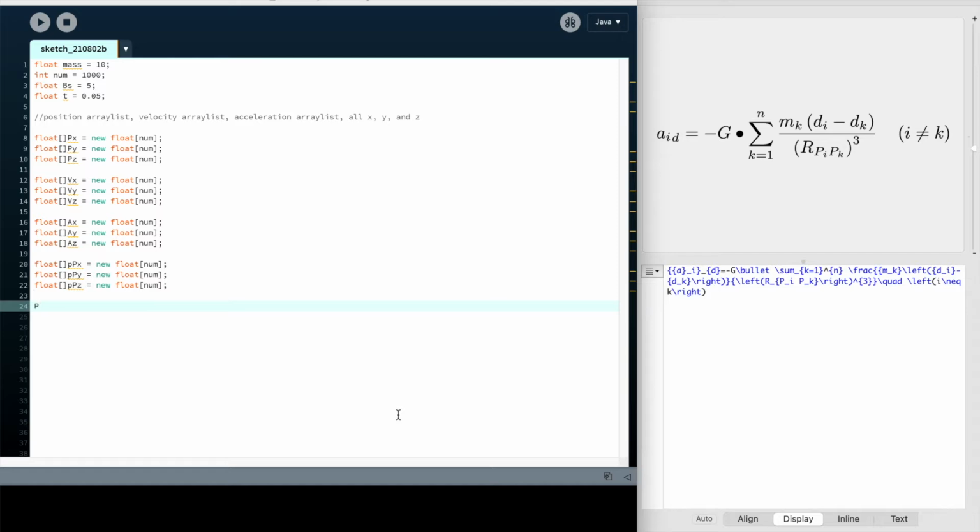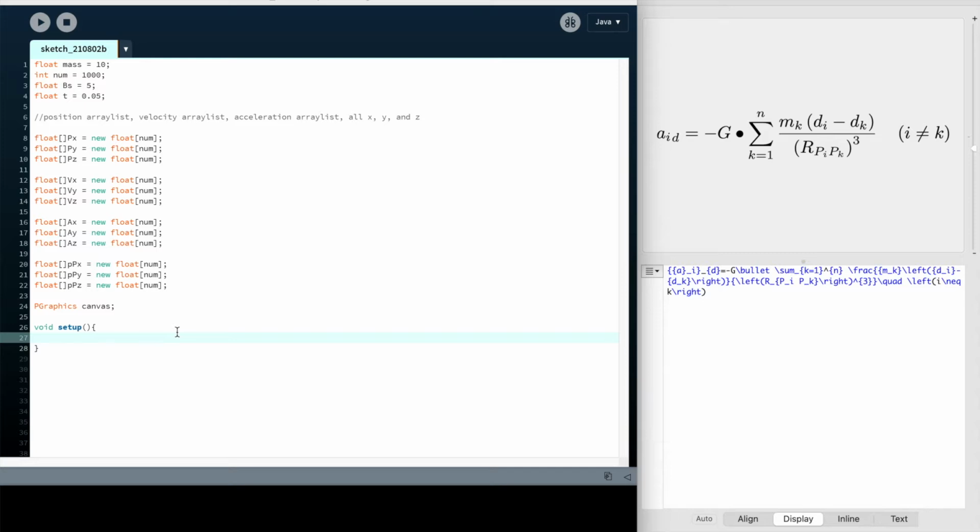Now I'm going to do my graphics. So PGraphics canvas, void setup. And now what I'm going to do here is, first of all, I can't just give random positions to these objects, because that's going to create a bunch of mess.